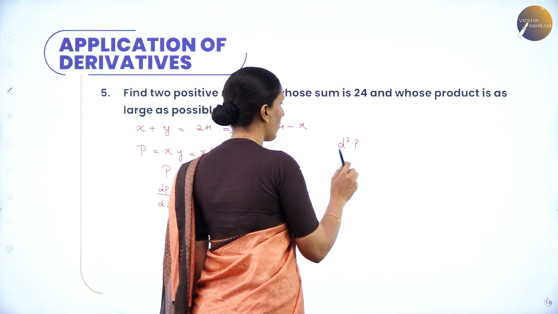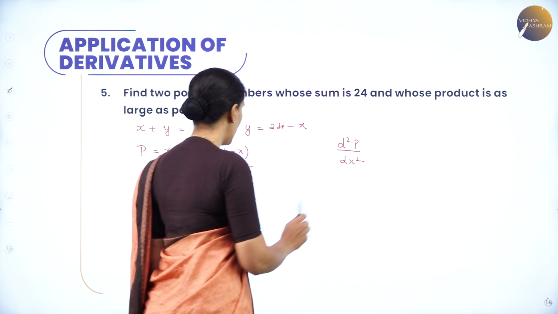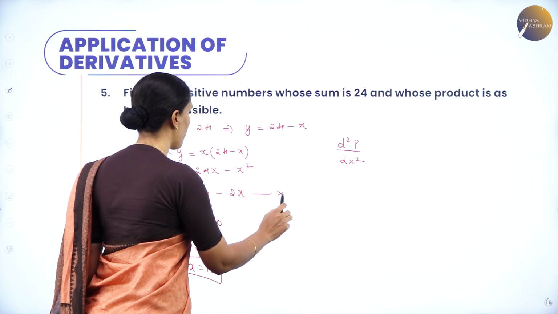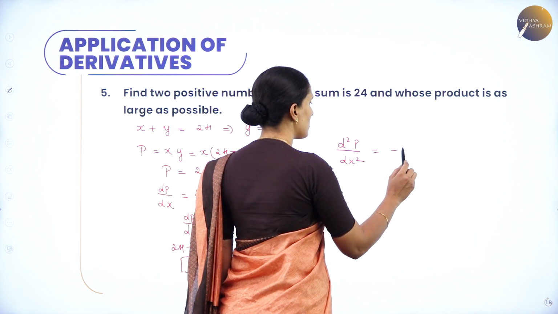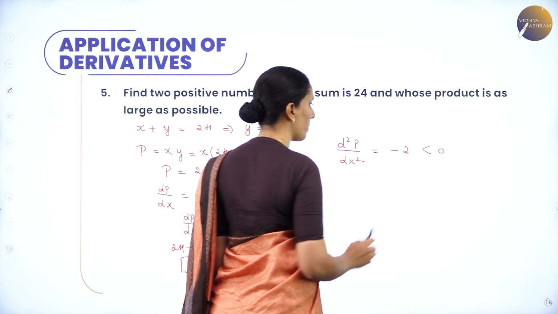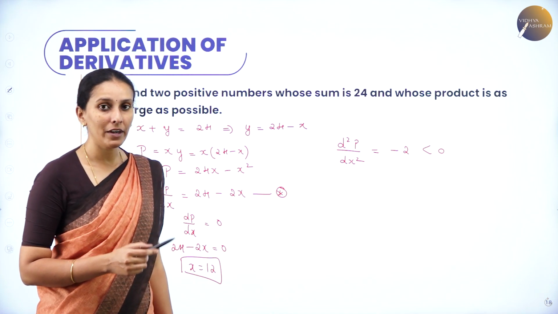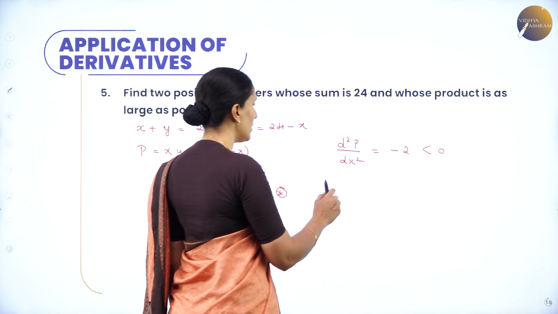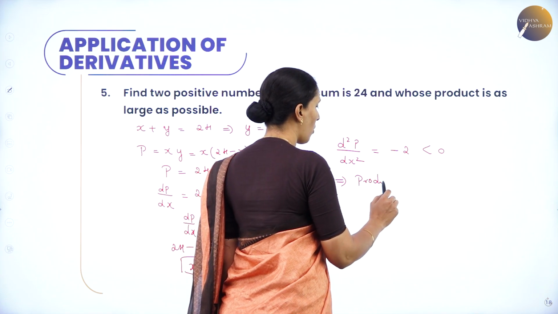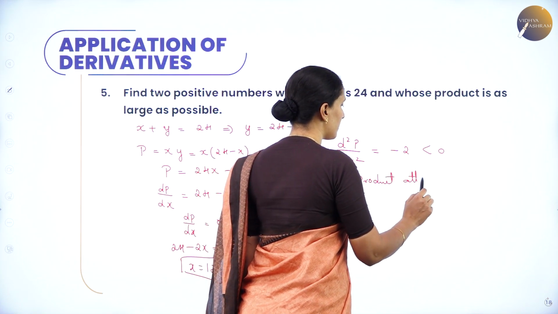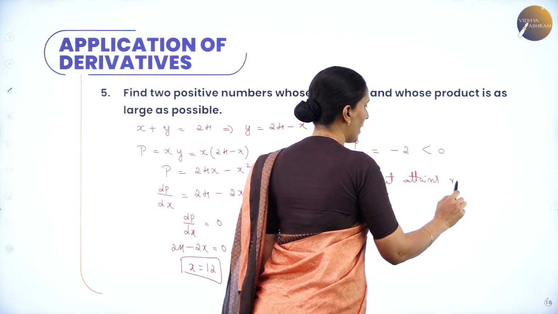We'll differentiate again to get d square p by dx square. So dp by dx is 24 minus 2x. If we differentiate this, we'll get the value as minus 2, which is less than 0. So when the second order derivative is less than 0, the product attains maxima.